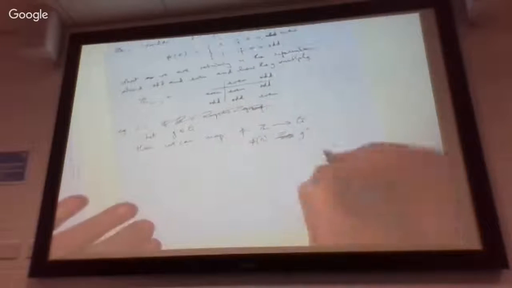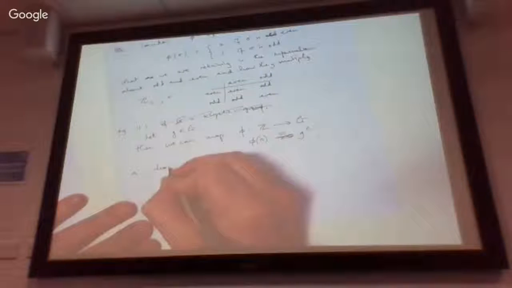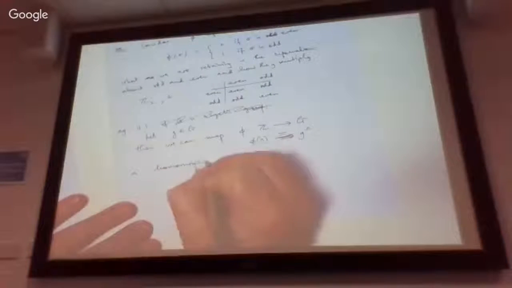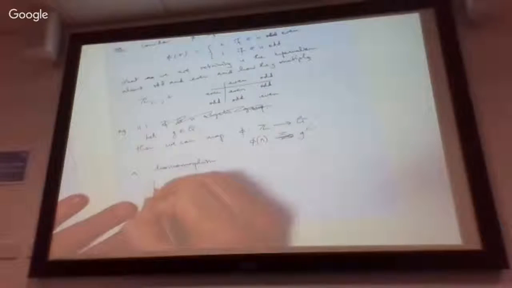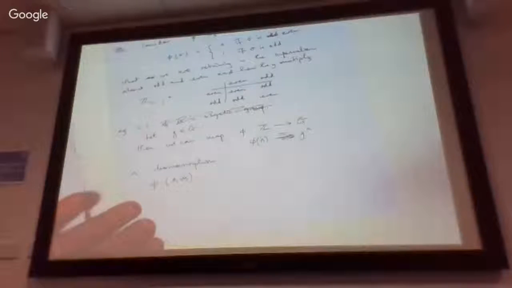Okay. And this is a homomorphism. You can check the homomorphism property by looking at phi of a sum. I'm talking about the integers Z, so it's the group of the integers under addition, remember?